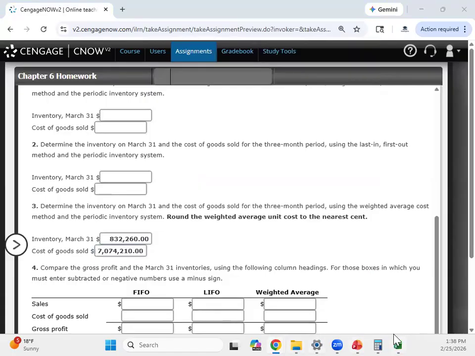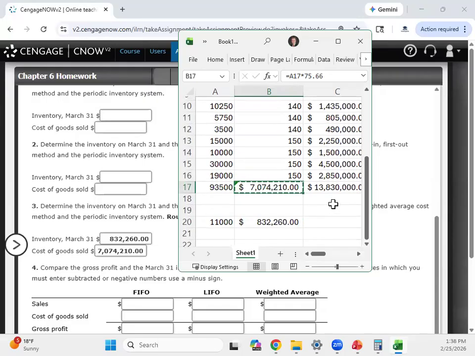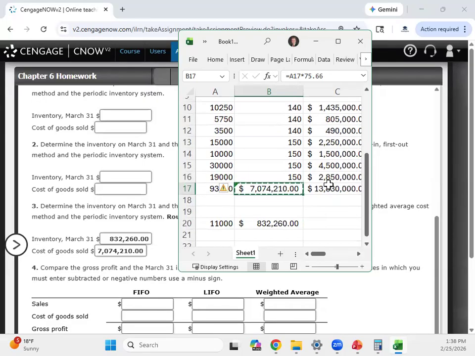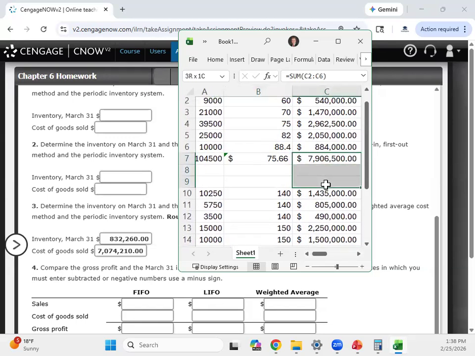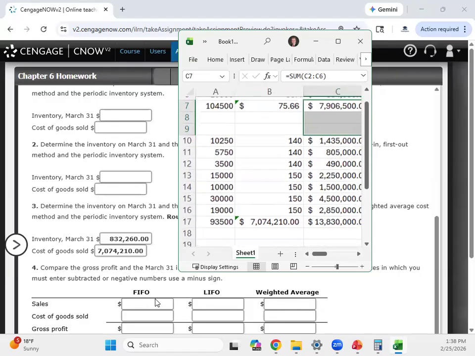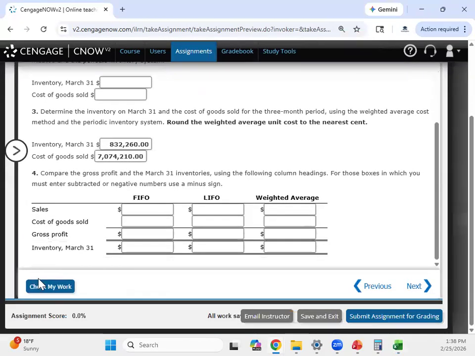And if we added those two numbers up, 7,074,000 plus 832,000, that's going to equal our 7,906,000 in cost of goods available for sale. We're just allocating the cost between the two, so to speak. So let's just make sure that that's correct before we go any further.